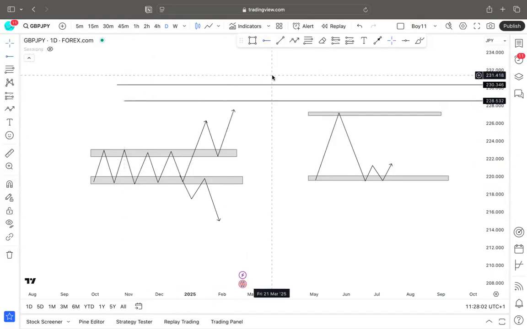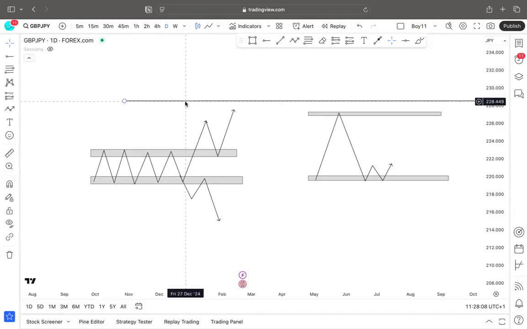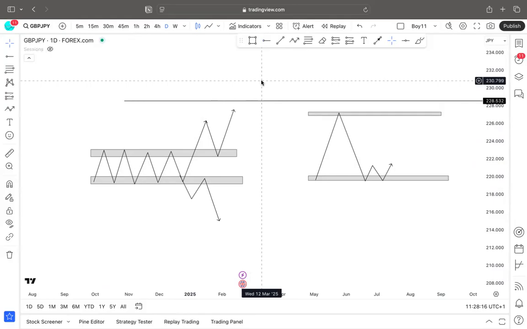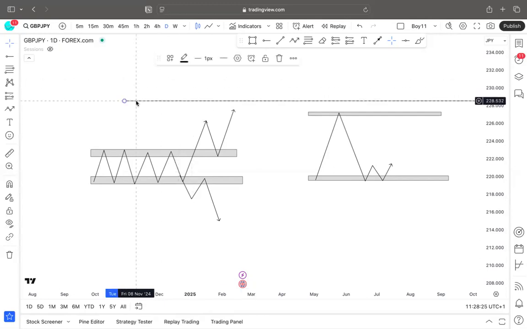It's actually a zone. Majority of the time, I usually use lines on my charts, probably that's why most of you think it's cool to use the line. One thing about the line is you really need a lot of experience in the market in order to start drawing your support and resistance as a line. So it's a zone.